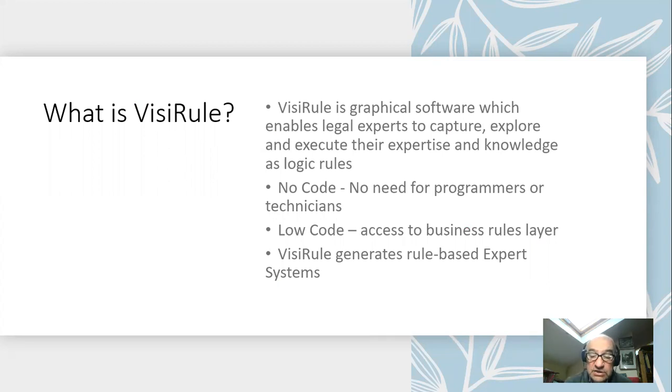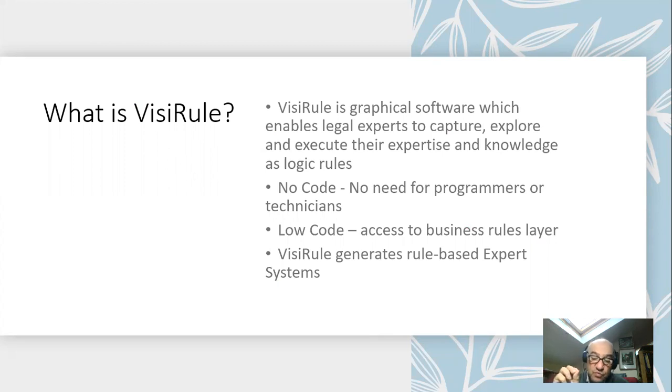Hence, tools such as VisiRule are quite often called no code, low code, or low code, no code. In the old days, we used to say rapid prototyping, but these days it's low code, no code.